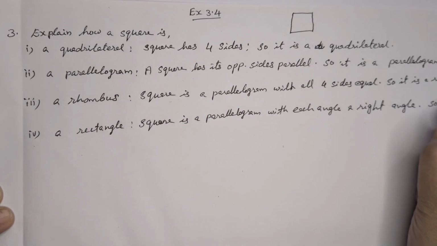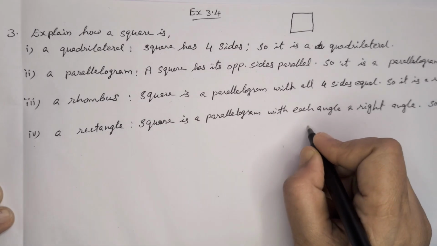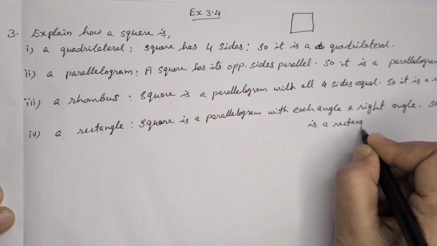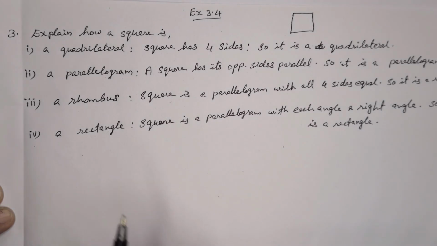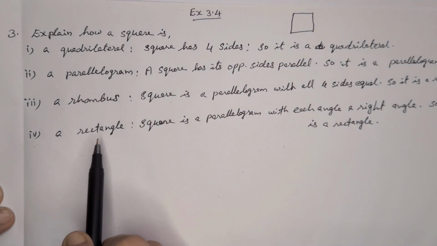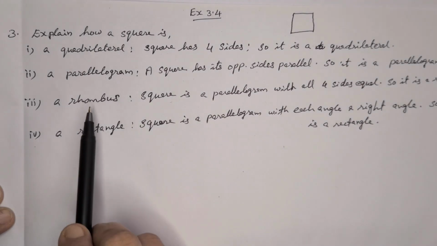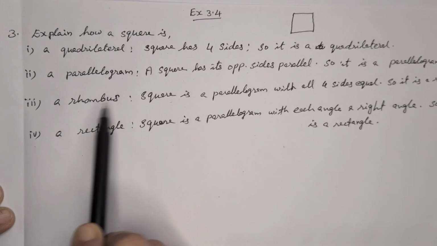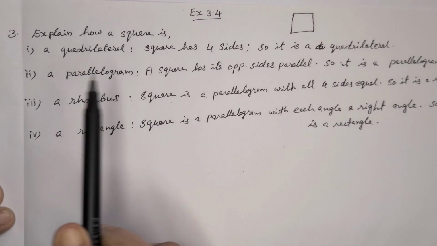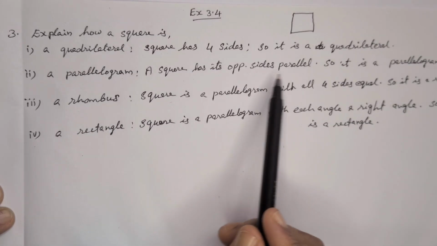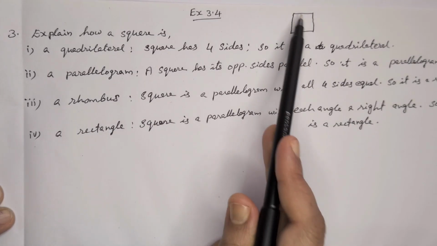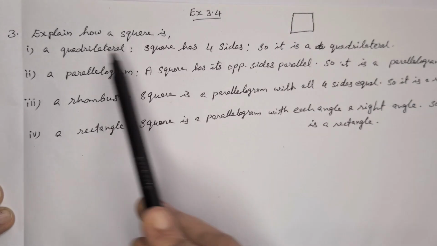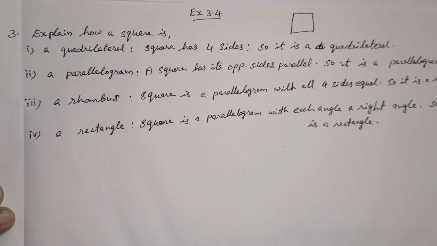So it is a rectangle. Each angle is 90 degrees, so that is a rectangle. Here all 4 sides are equal and square is a parallelogram also, so it's a rhombus. Next, parallelogram means opposite sides are parallel, so we can say square is a parallelogram. It is a 4-sided figure, so we can say square is a quadrilateral.